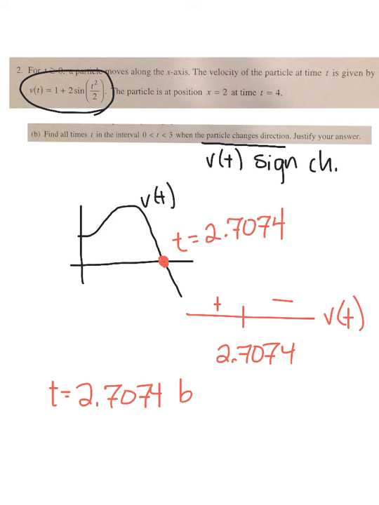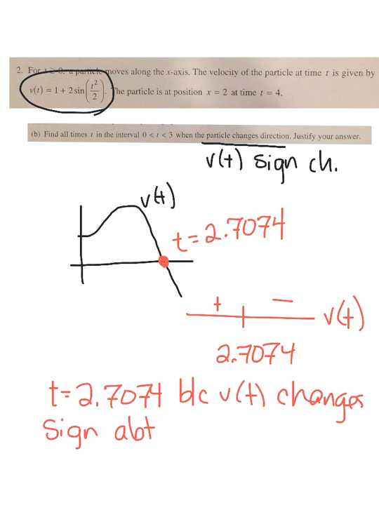And you would say because the velocity changes sign about this point. And I'm going to abbreviate about this point. You don't have to say how it changes. As long as you have this picture, you can see that it goes from positive to negative. You can put that in your explanation. That's totally fine, but it's not necessary.